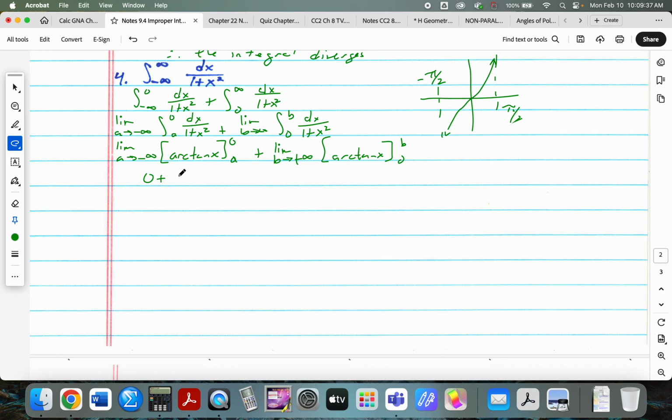So this is minus negative pi over 2, plus, as arctangent of x goes to infinity, that's going to be pi over 2 minus 0, and the whole thing ends up going to pi.